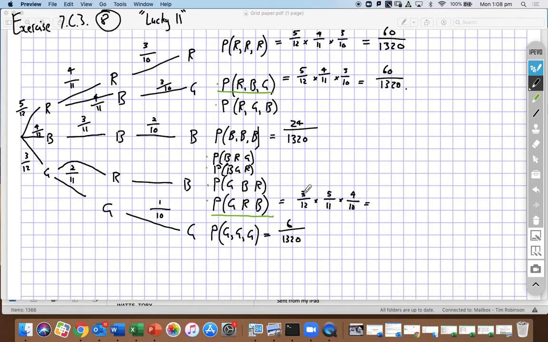Now the order that we multiply doesn't matter, so doing 3 times 5 times 4, that's the same as doing 5 times 4 times 3, right? And the bottom part of the fraction, the denominators are the same as well, so okay. So we'd end up trying to put all this together.